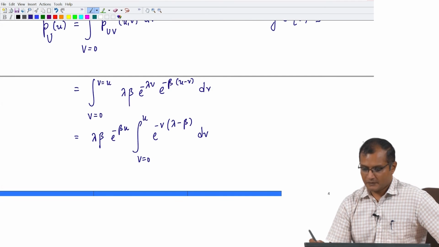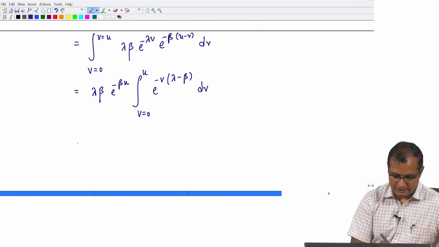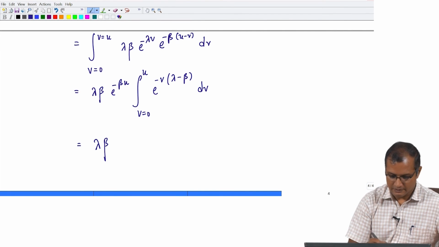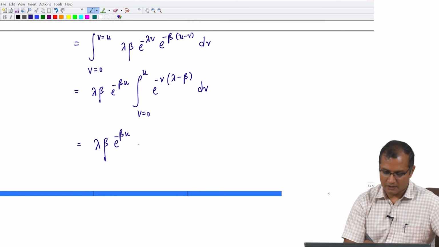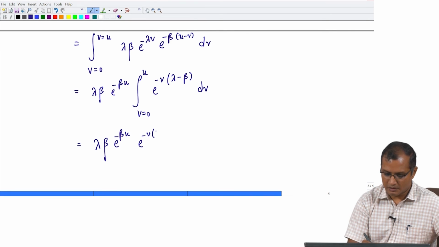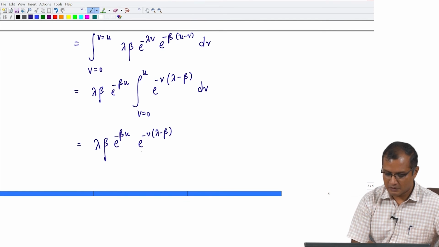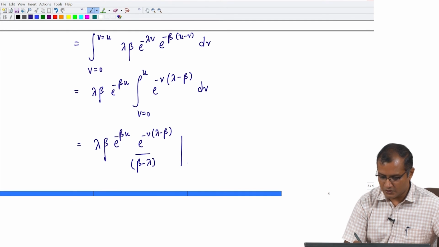Okay. And then if I integrate this, I will get e raised to minus v (lambda minus beta) over (beta minus lambda) in the range.